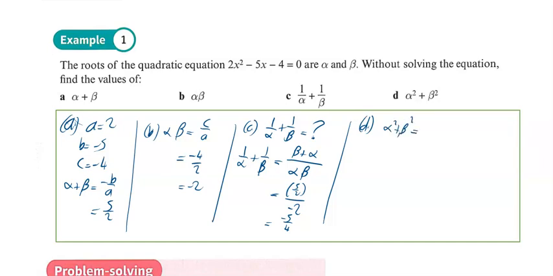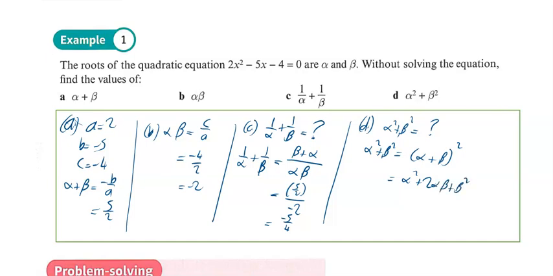Now this is a useful wee trick that I'm going to do here. That's what we're looking for, alpha squared plus beta squared. If you imagine I squared out alpha plus beta, what I would get would be alpha squared plus 2 alpha beta plus beta squared.